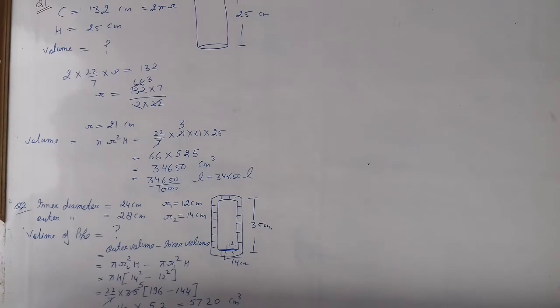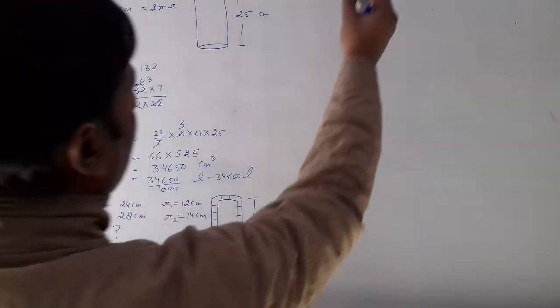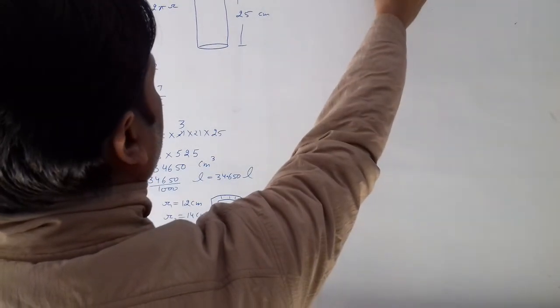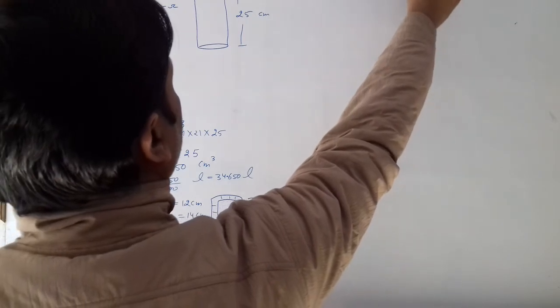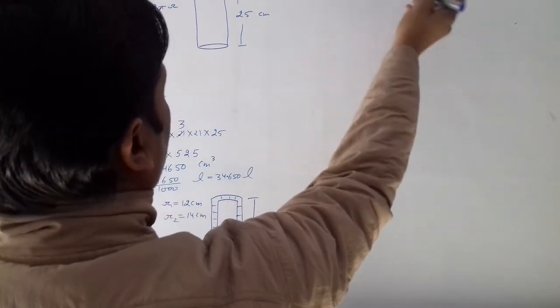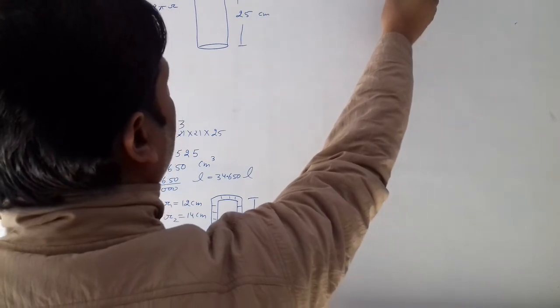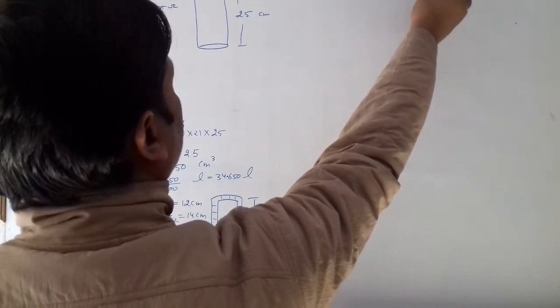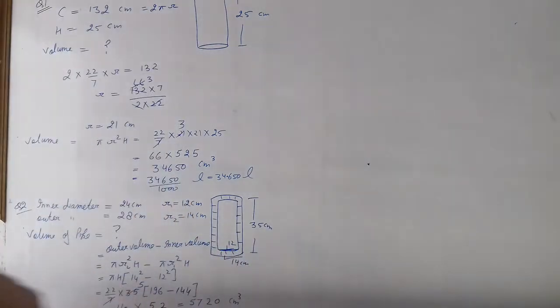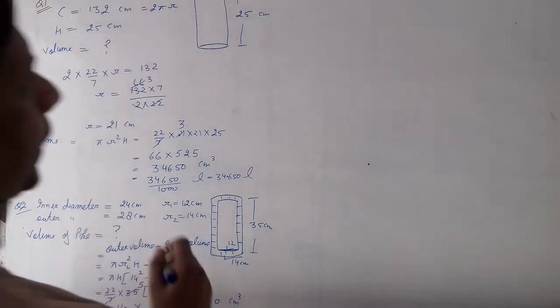It is equal to 3432. 3432 gram, I think. When you convert in kg, you have to divide it by 1000. It will become 3.432 kg. Right students? Let me check the answer. Exercise 13.6, question number 2. 3.432 kilogram. Right students? Okay.